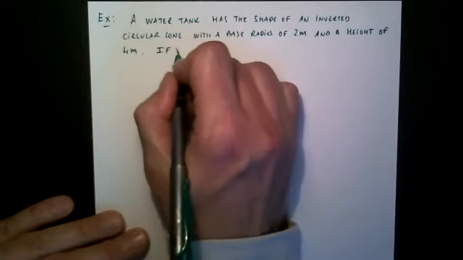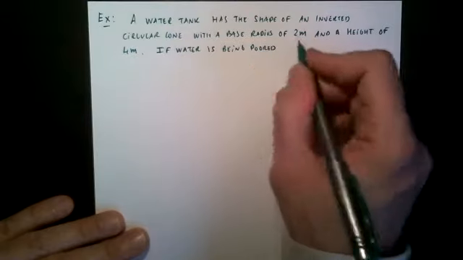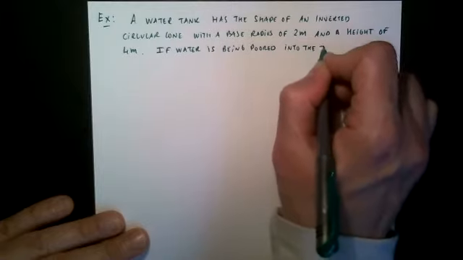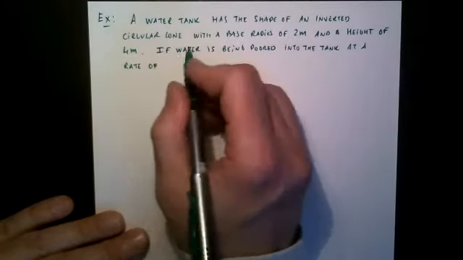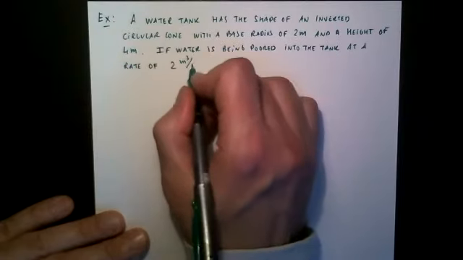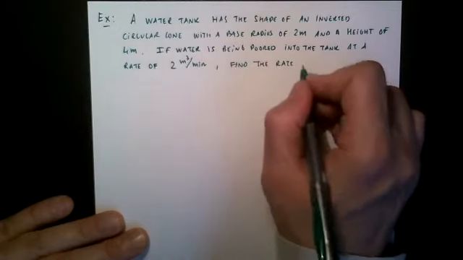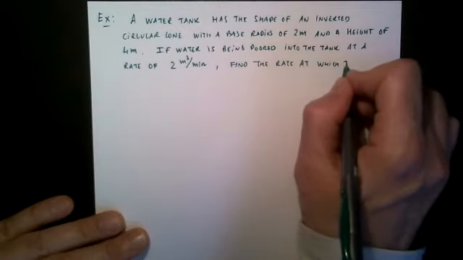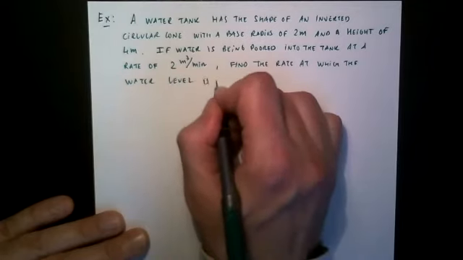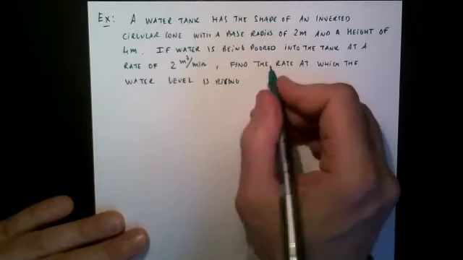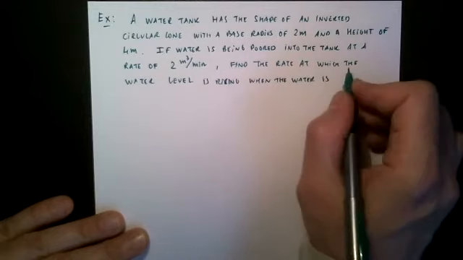If water is being poured into the tank at a rate of 2 meters cubed per minute, find the rate at which the water level is rising when the water is 3 meters deep.